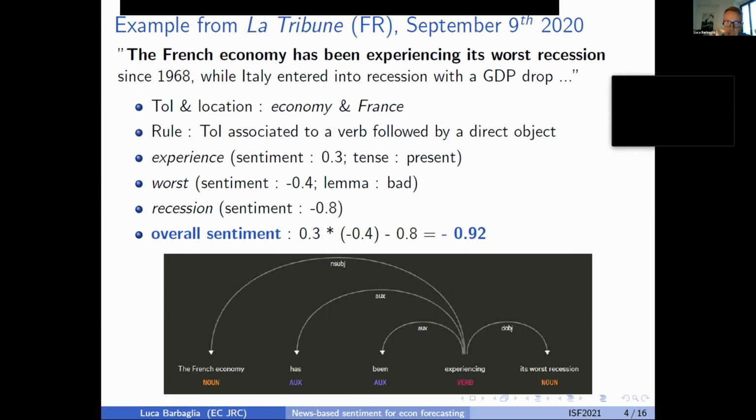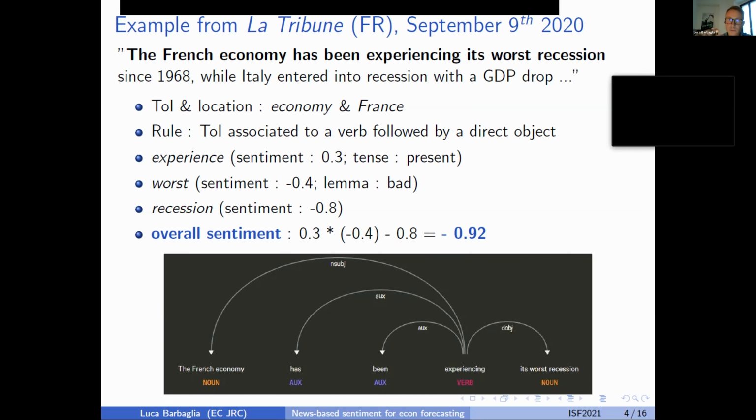The algorithm realizes that only the first part of the sentence relates to that. It will identify a specific rule, an English rule, which is in this case that the token of interest, the French economy, is associated to a verb followed by a direct object. This is a simple rule, of course. We have combinations of rules and more complex ones in the algorithm.